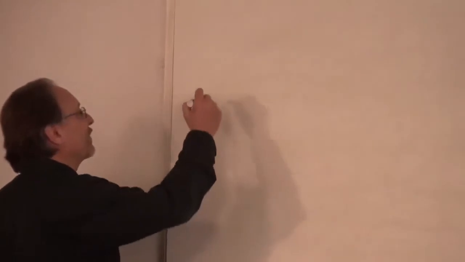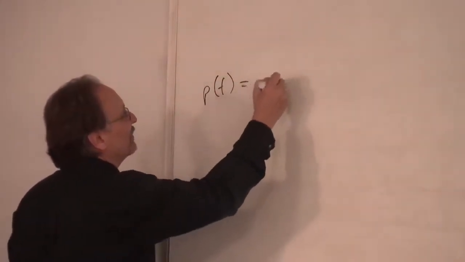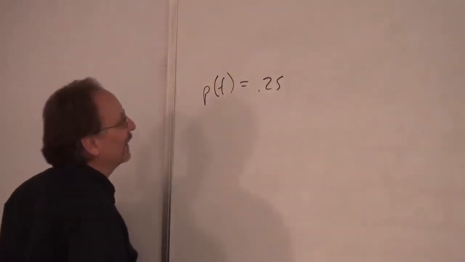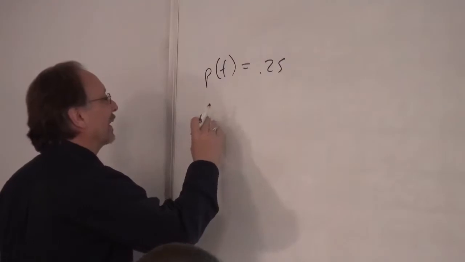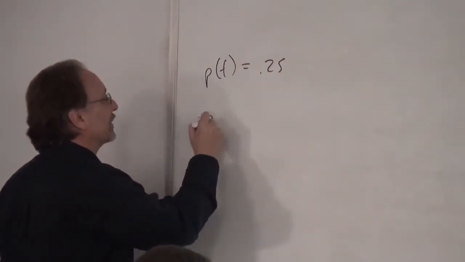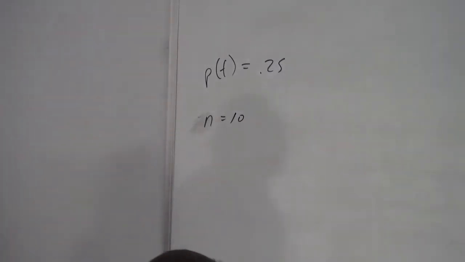Because, let's see, if I have a probability of failure of 0.25, whatever, doesn't matter, and I do something 10 times, so n equals 10, what's the probability of getting at least 1 mistake?